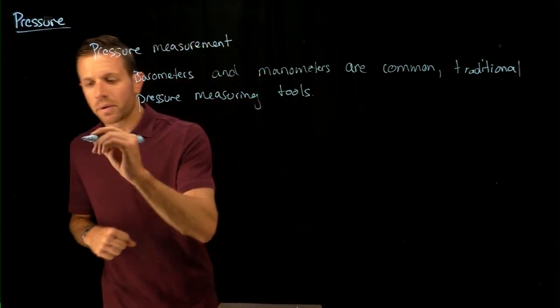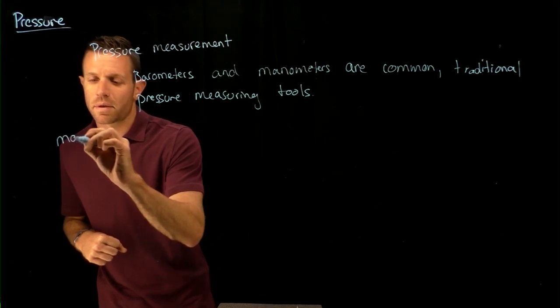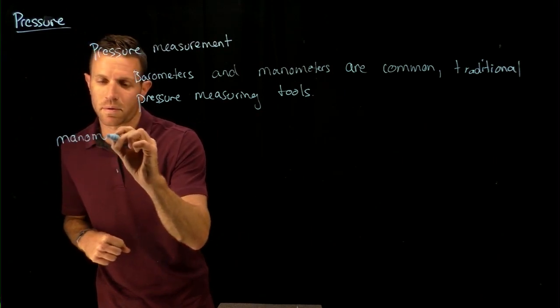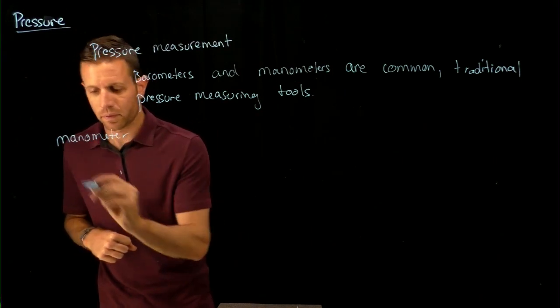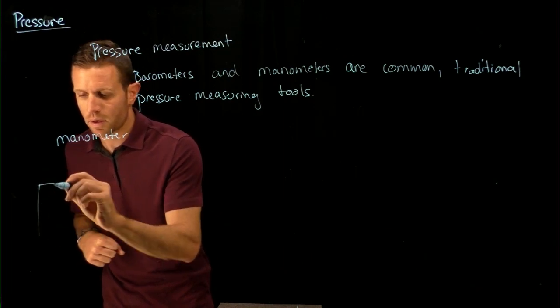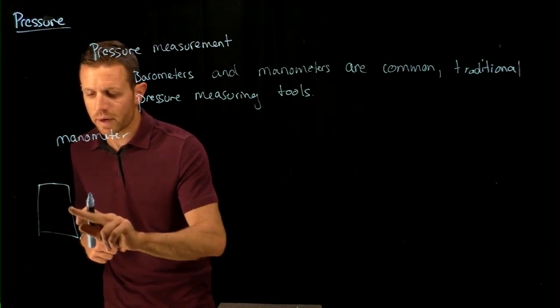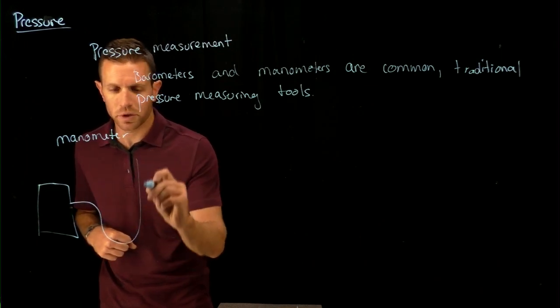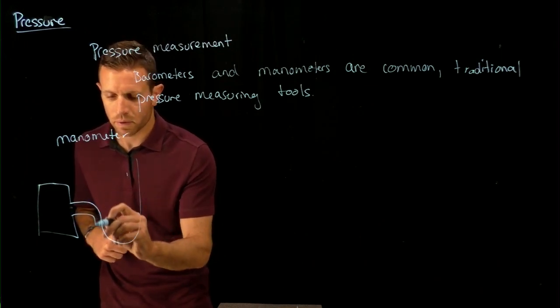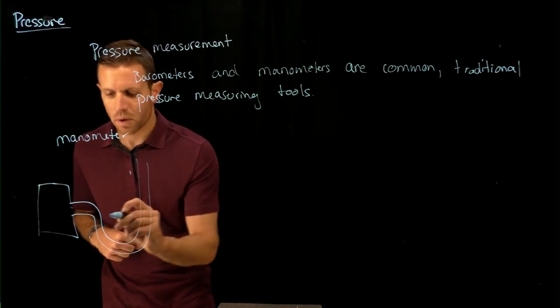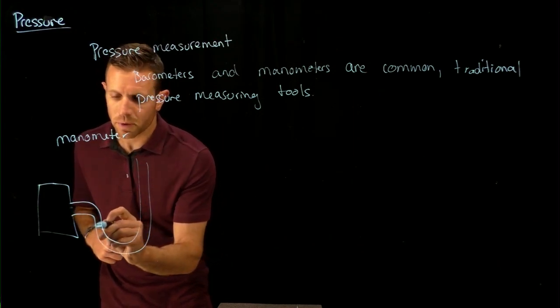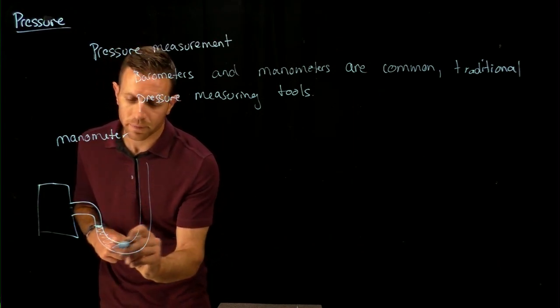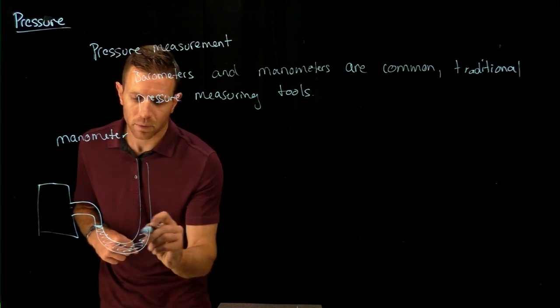A manometer looks like so. Say we've got a tank that is connected to a tube. And in this tube, we have some fluid.